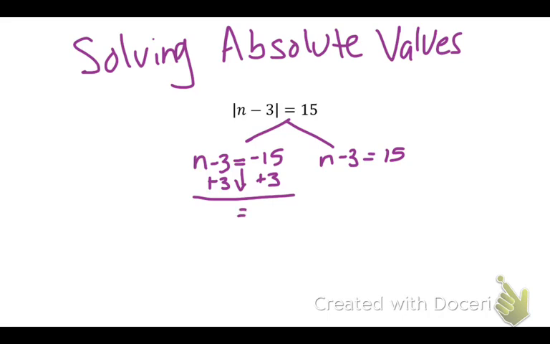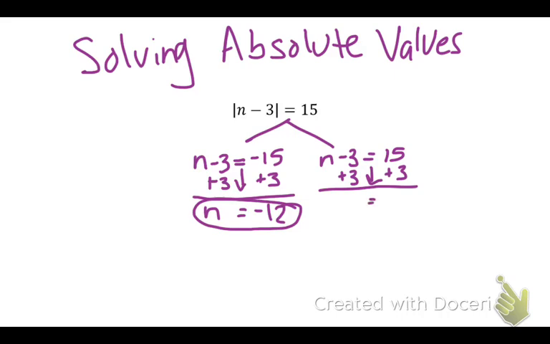So n minus 3 plus 3 will just give me n, and on my right-hand side, negative 15 plus 3 is going to be negative 12. So that's part of my answer. But because this one has two equations, they actually have two answers that are hidden. So with this one, we will add 3 to both sides once again.